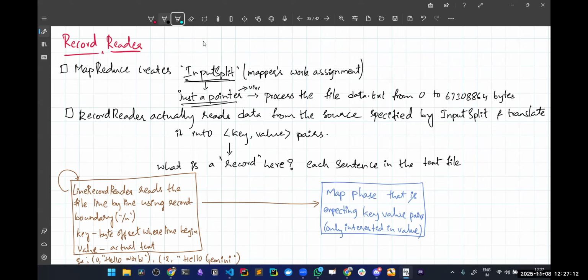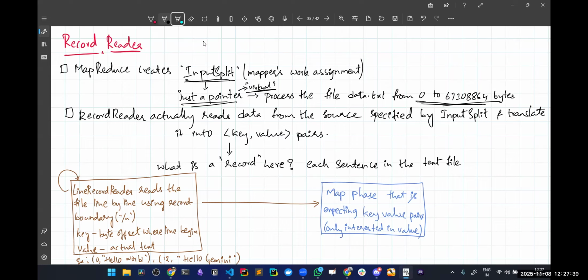It is not a physical file or physical representation of anything. It just says, okay, I have a file here. Let me read from byte 0 to byte 67,108,864. This is the pointer. Your input split is the pointer.